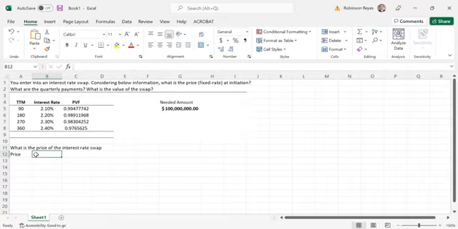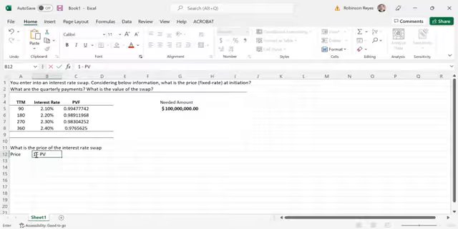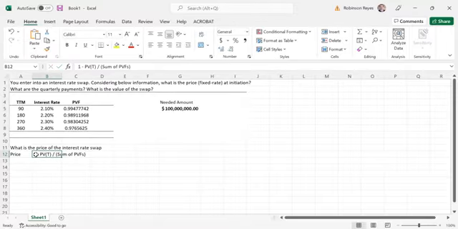So then the formula, you can look back to the whiteboard, was 1 minus PB, the present value factor terminal, and then divided by the sum of PV factors, right? That is quite a straightforward formula.